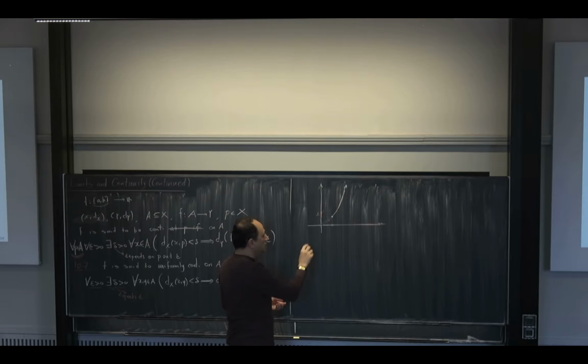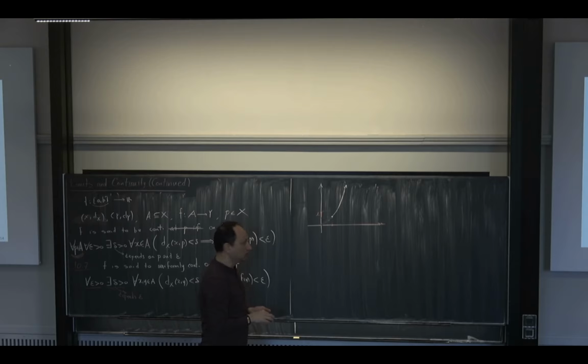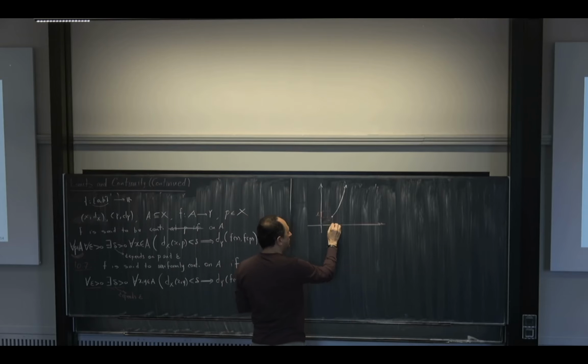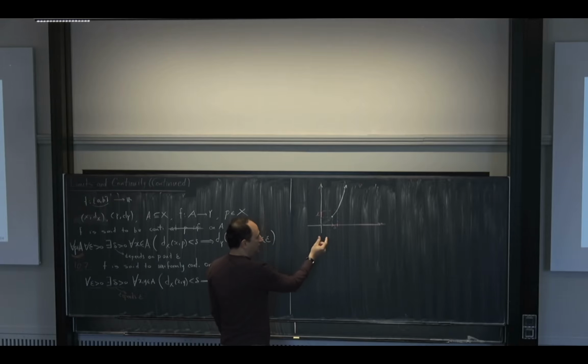If I ask you where I can be so that it is mapped within this tolerable threshold that I want, where should I go? So I go backward. I go here and I go here. I say that, okay, if you are within this threshold, it is guaranteed that you go in here. So imagine this is your delta. The threshold of the length on the x-axis that will give me this much threshold on the y-axis is at most this much. Okay?